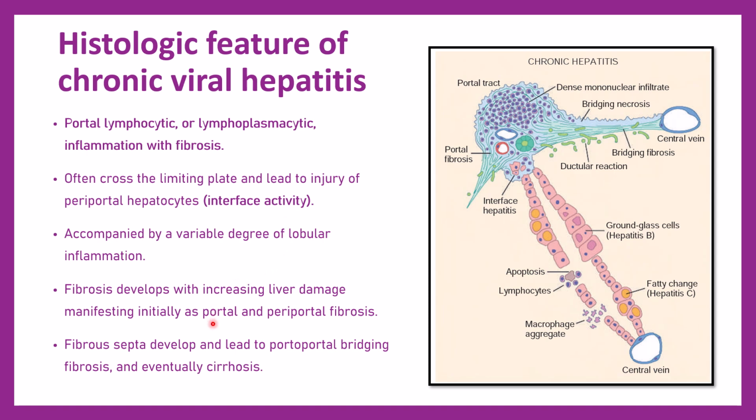Initially, it will present as portal and periportal fibrosis around the portal tract, and later it will develop between the two portal tract regions, which is called portoportal bridging fibrosis, and when it is pronounced throughout the liver, it is called cirrhosis.